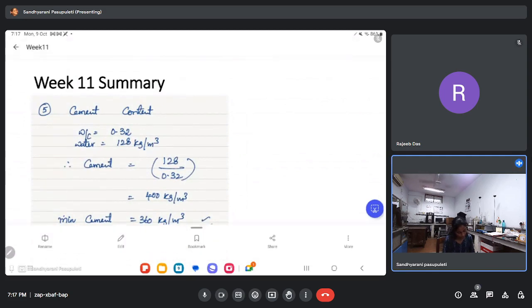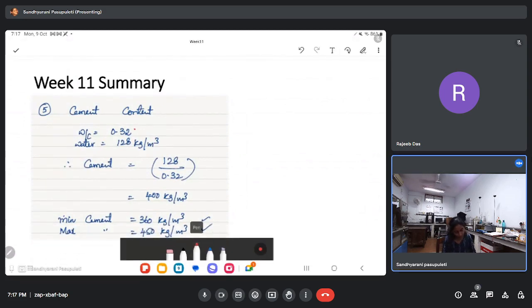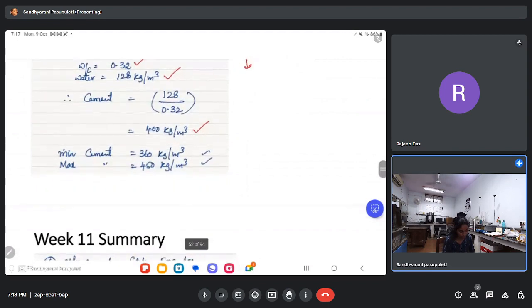We know the water to cement ratio is 0.32 and the water is 128 kg per meter cube, so we need cement. Cement would be 128 by 0.32, which is nothing but 400 kg per meter cube.